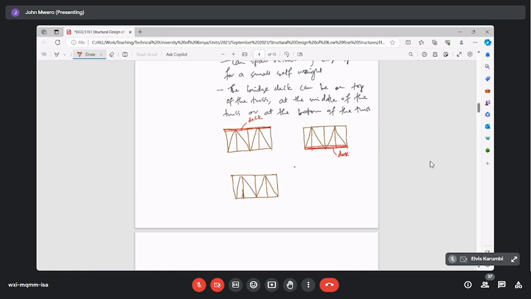And most of the footbridges also, I think this is the arrangement. But you could also have places where you have the bridge deck placed somewhere in the middle of the truss. So part of the truss is above, part of the truss is below. All these arrangements have been done, though this one is not very common.